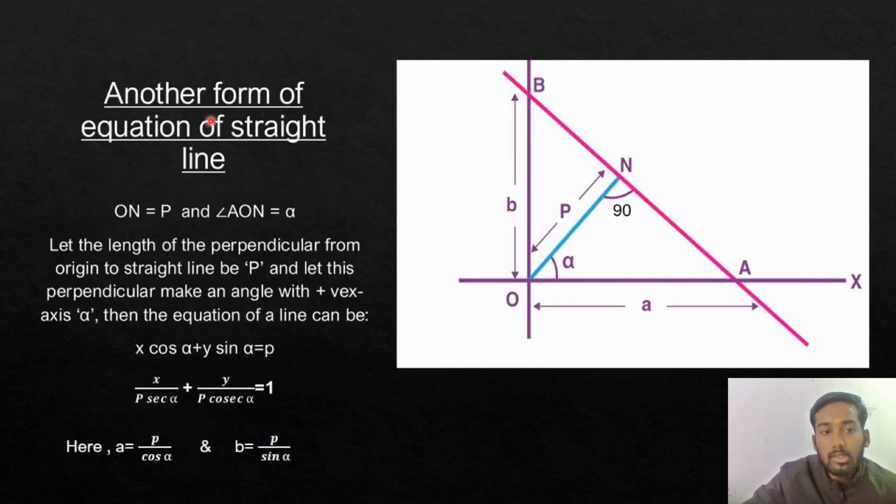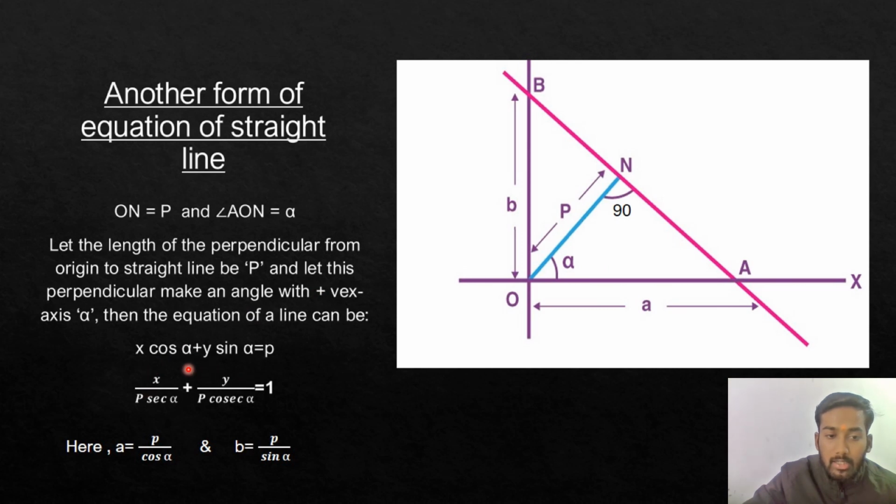Now comes another form of the equation of a straight line. If we have a line AB making an intercept A on the x-axis and an intercept B on the y-axis, and we draw a perpendicular from the origin O to the line AB at N, then we get the equation x cos alpha plus y sin alpha is equal to p, where alpha is the angle between ON and the x-axis.